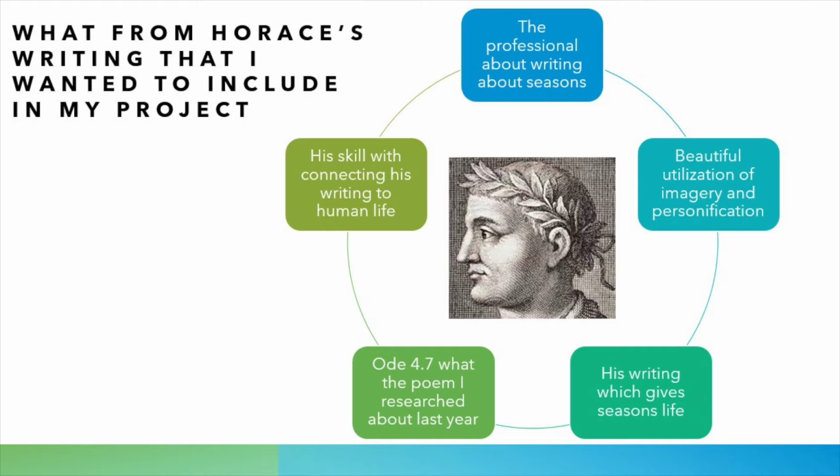He brought them together, and it kind of gave the seasons personality to really show the cycle of life, which is basically what I did for my project. I wrote a series of 4 poems in English, and I translated a line from each of them and put it directly into Horace's style.